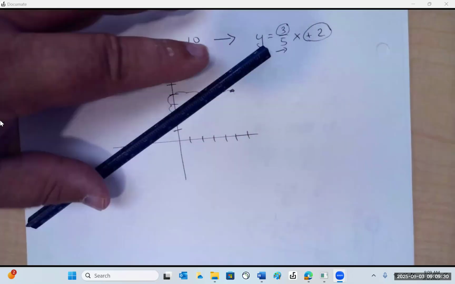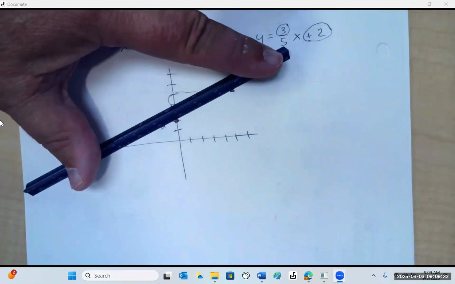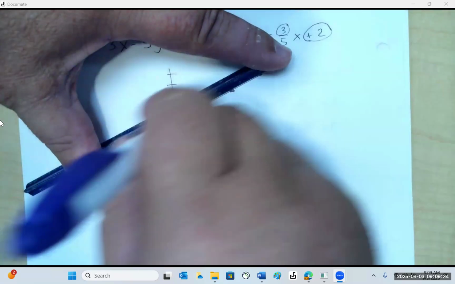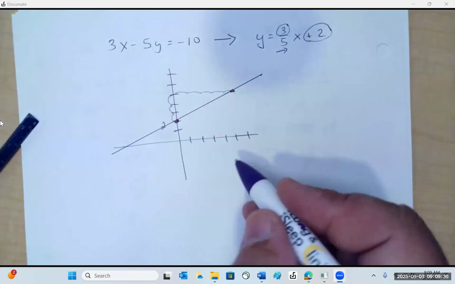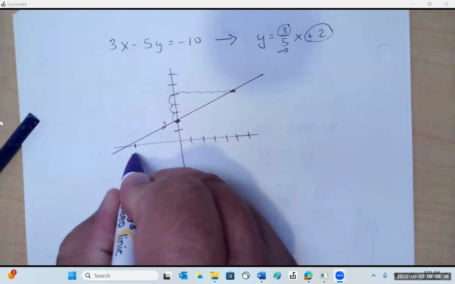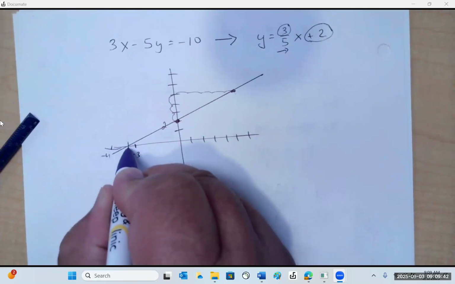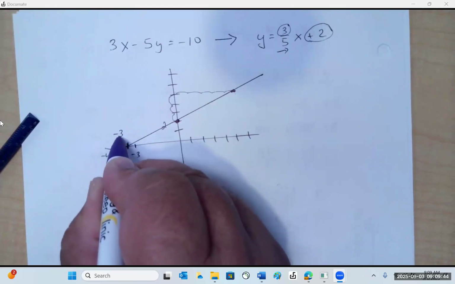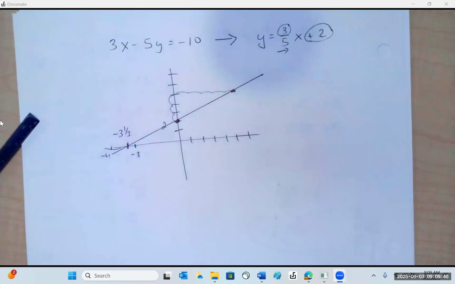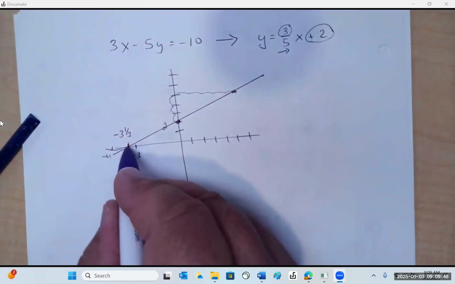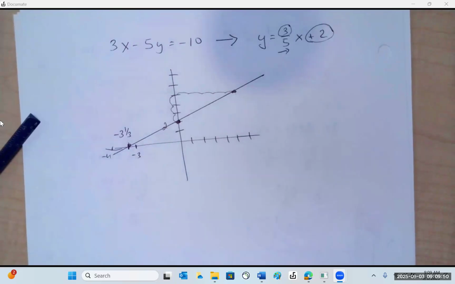So there's my graph. And yes, this would be negative 3 1/3 where it crosses the x-axis. Was what we found out last time.